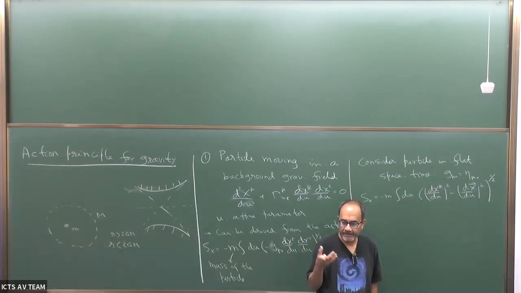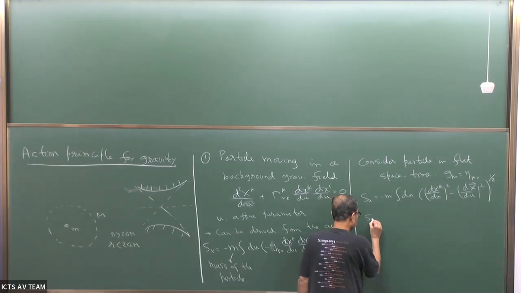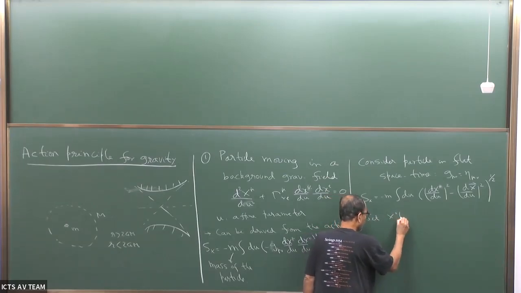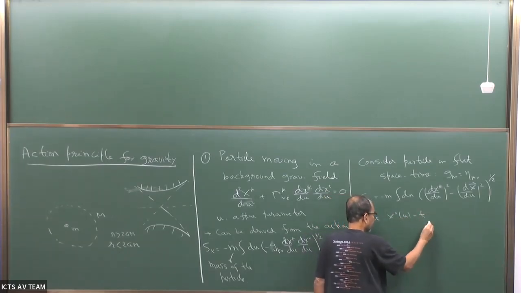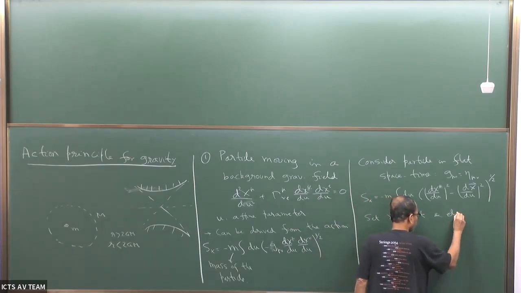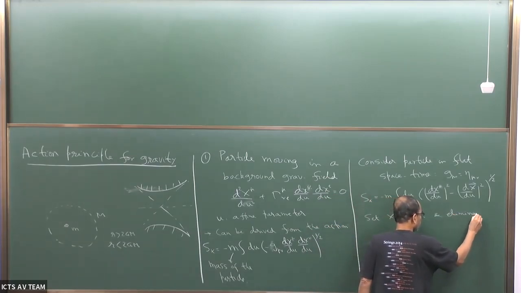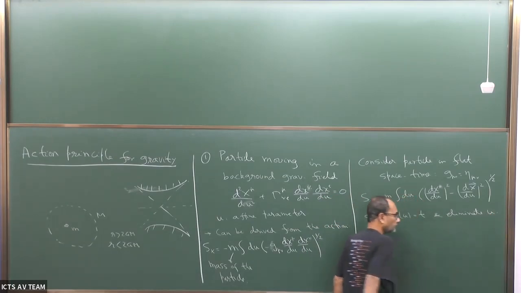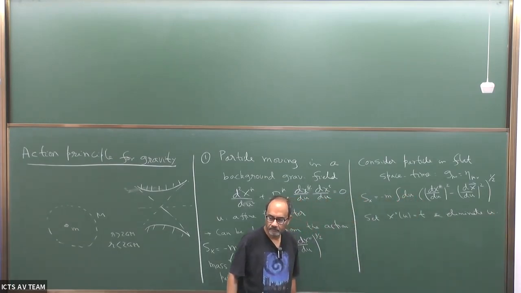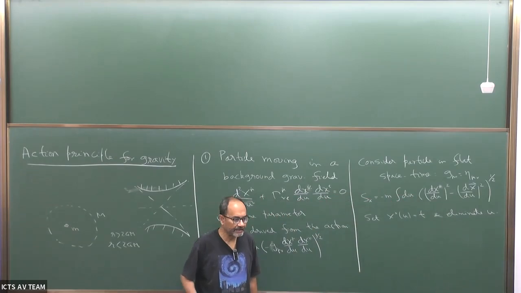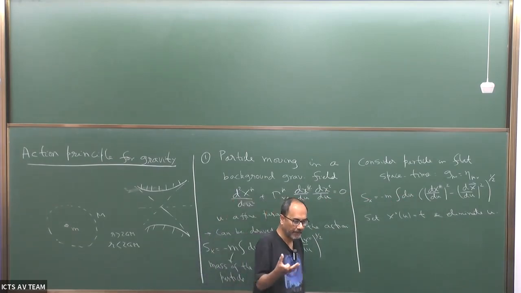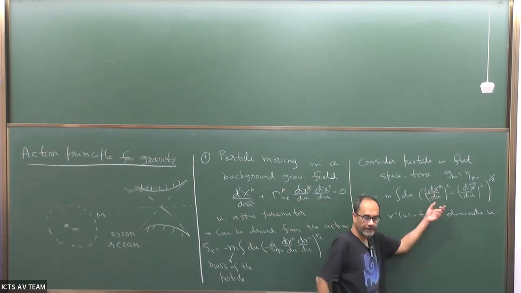We just eliminate x0 by setting x0 of u equal to t and eliminating u. This is the standard way of describing the particle trajectory, x1, x2, and x3 as a function of time. This one is a more covariant way.